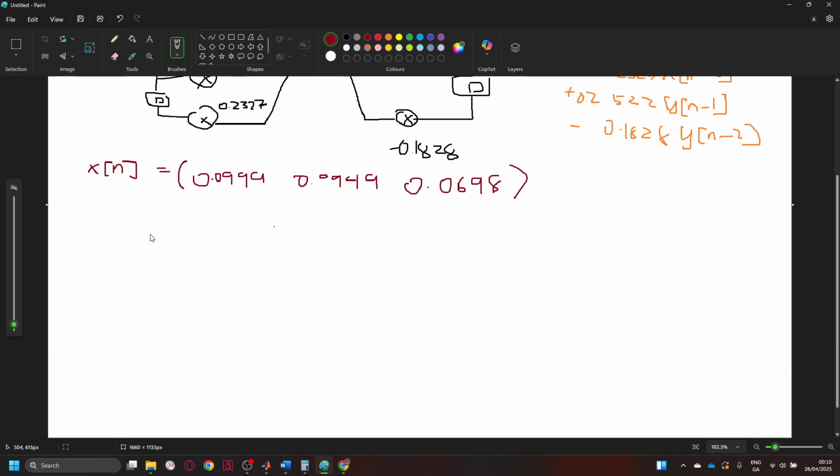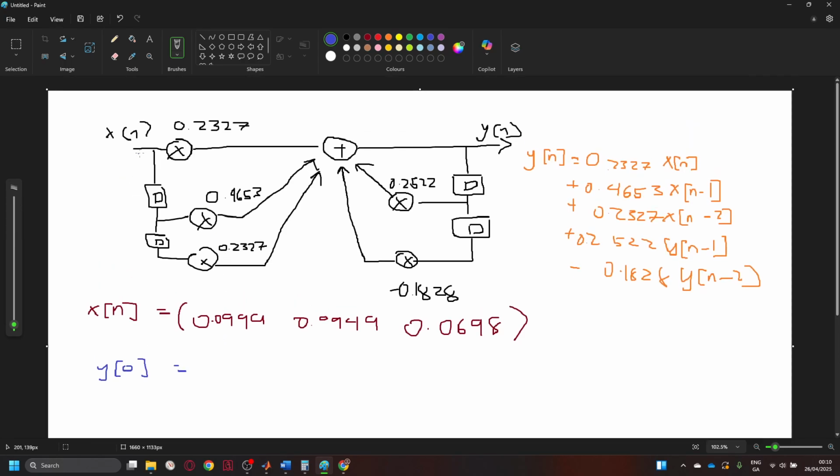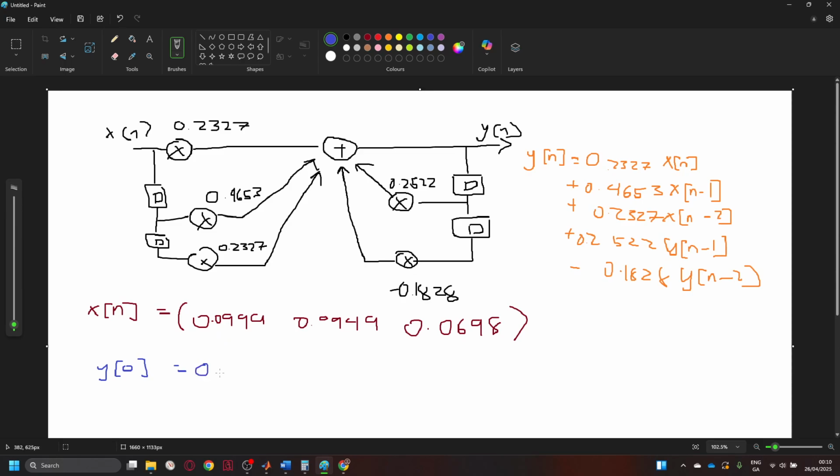So the first one is easy. The y of 0 is just going to be x of n, which is this multiplied by this number. So it's 0.2327.